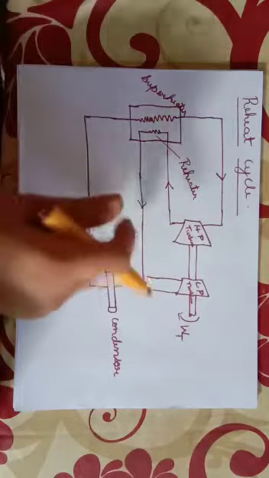The first one will be heat added during constant pressure process, that is 6 to 1 and 2 to 3.